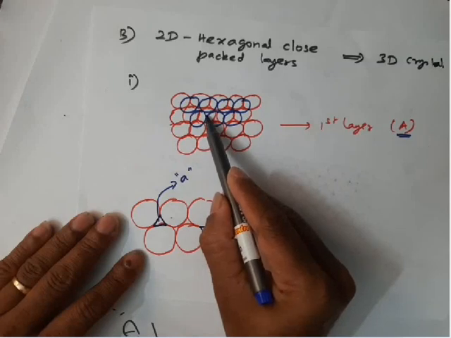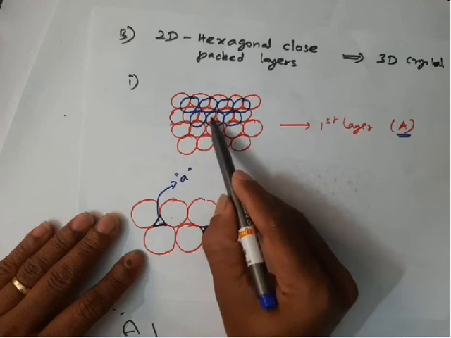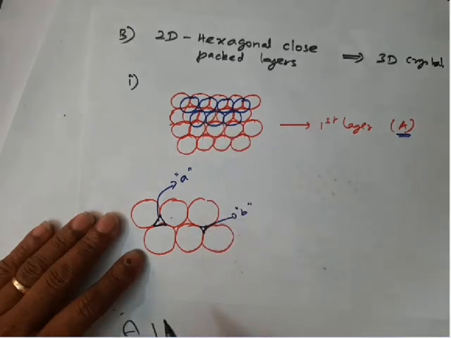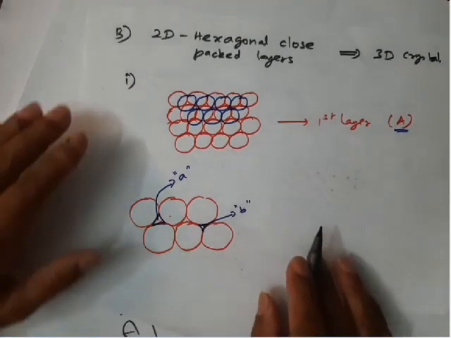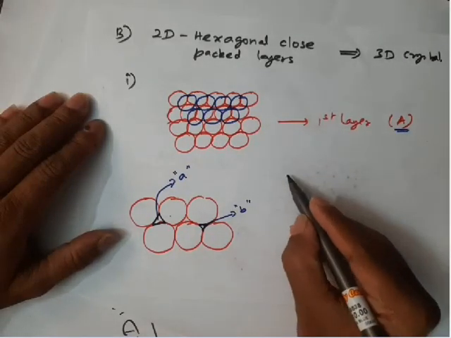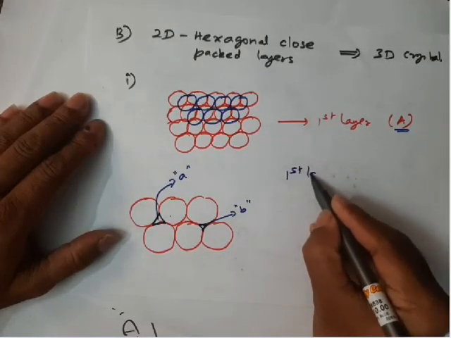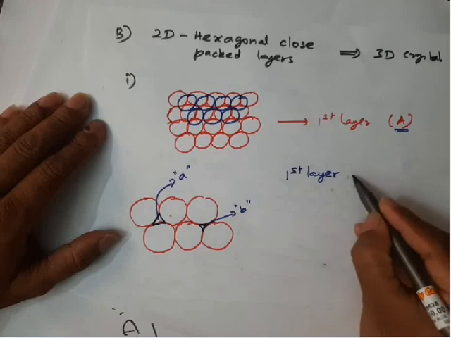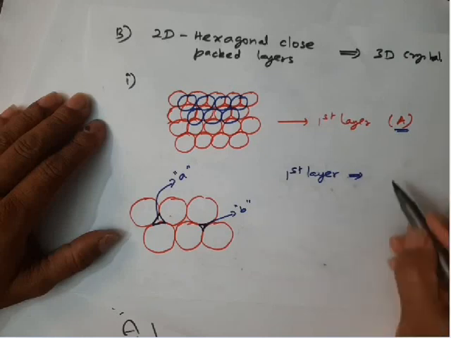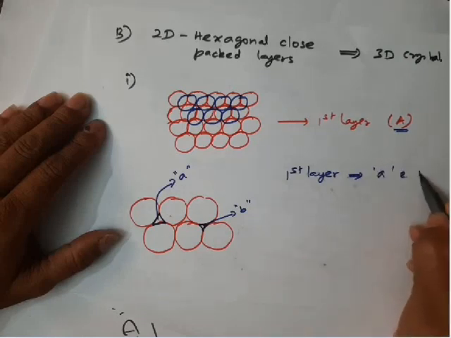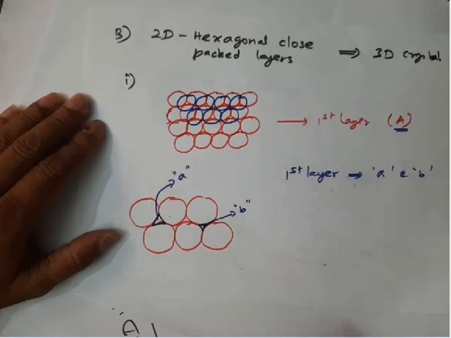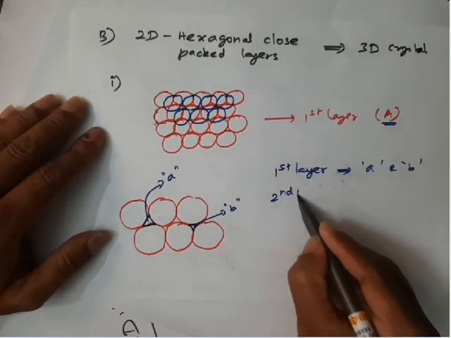This point is the B type of depression in the second layer, and exactly below it, I have an atom of the first layer. See what I did. I'll write so that you can easily understand. In the first layer, there are two types of depressions, A and B. I'm placing the second layer atoms on one of them.